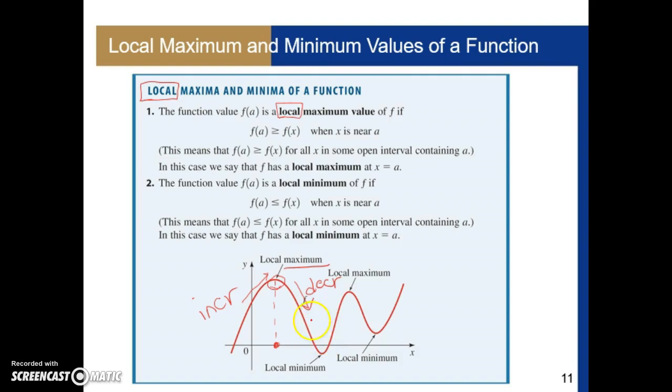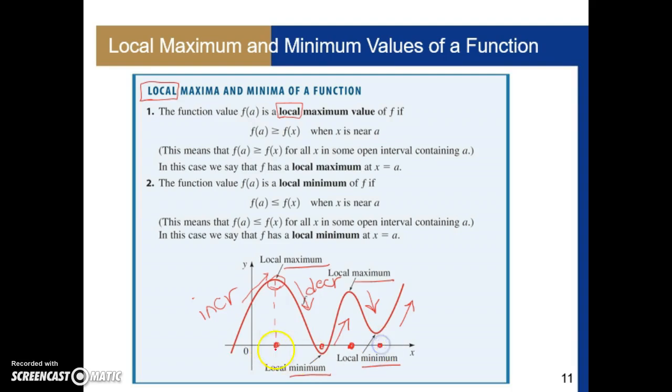If we change from decreasing to increasing, we know that it was a minimum. So we go increasing to decreasing, that's a maximum. Decreasing to increasing, that's a minimum. And that happens at one and only one domain value.